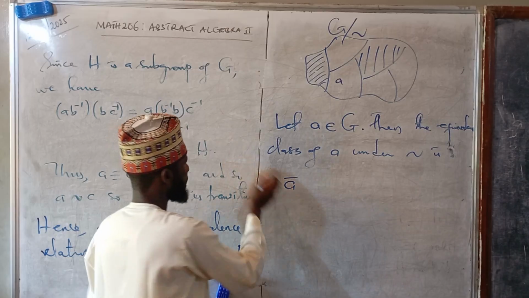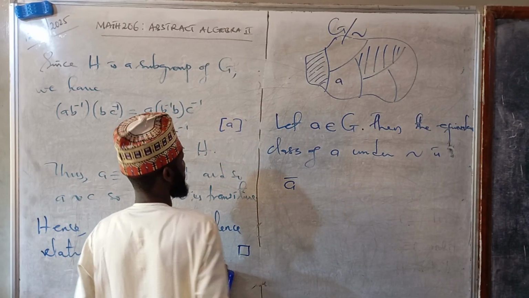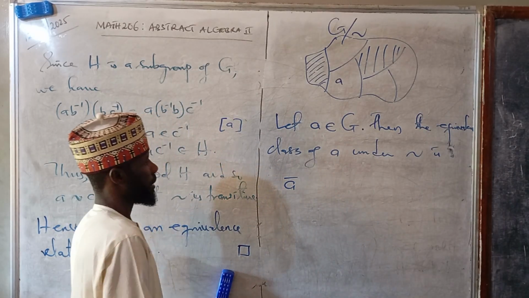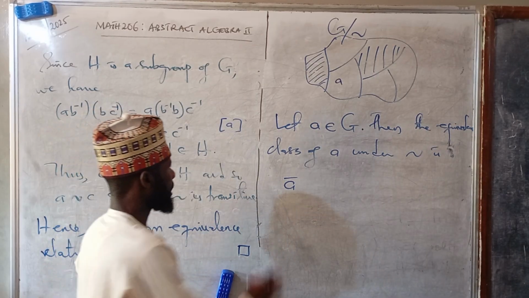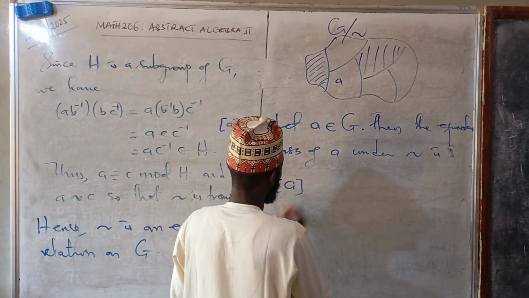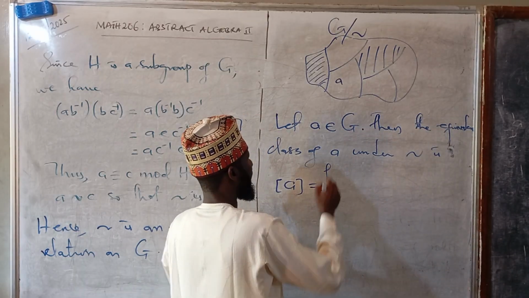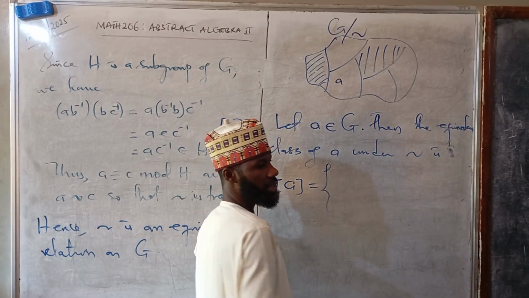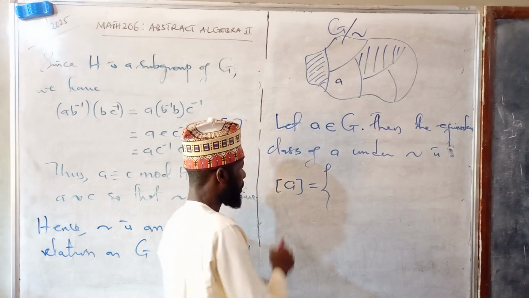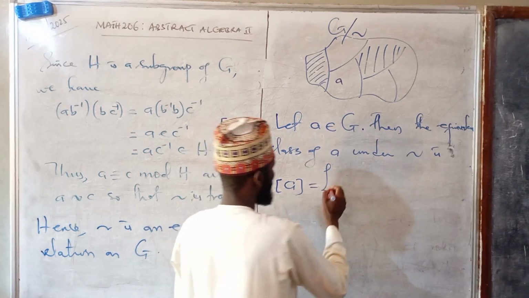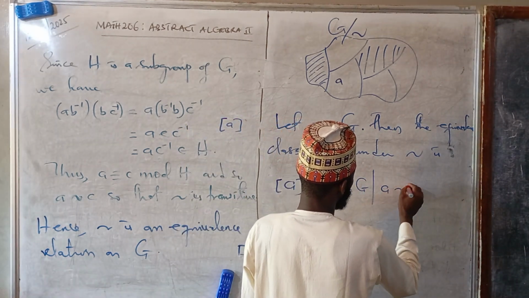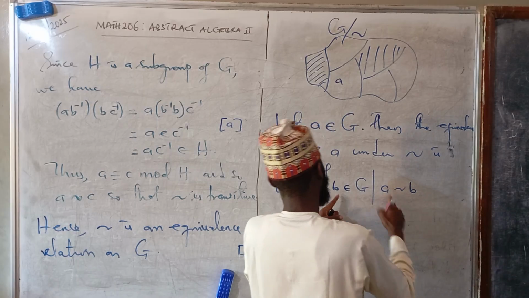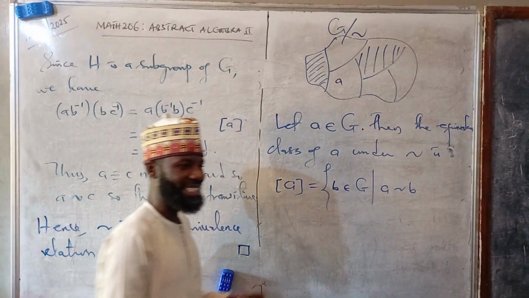There are a number of notations. One can write it like this, but the more particular one is this one, so let me write it that way. It's the set of all elements in the group that are related to A. So all B in the group such that A is related to B, or you can say B is related to A, because this relation is symmetric.